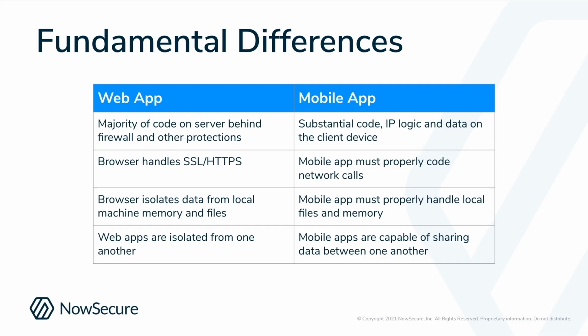Applications can be used to authenticate to one another. Applications can share data between one another. And that really kind of creates some chaos. That creates another level, a layer of difficulty when you're doing your testing, when you're considering how your app should interact with one another. And that's just a whole layer to the attack surface that would never exist in web.